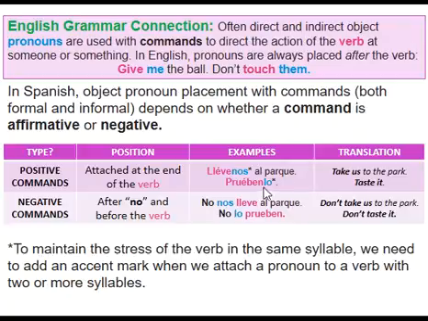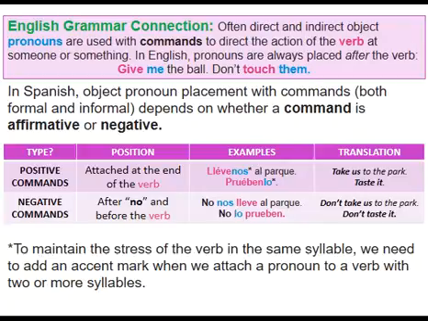Here we have an example. Llévenos al parque. Take us to the park. Pruébenlo. Taste it. See? What happens when the commands are negative? Well, the pronoun is going to be placed after no, but before the verb.